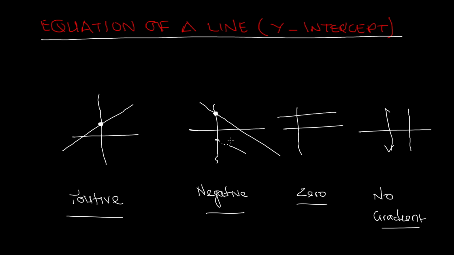Then I should be able to work out the equation of this. So another variation of the equation of a straight line is the equation that uses the intercept. Now let's work out what the general equation of a line going through an intercept is going to be.